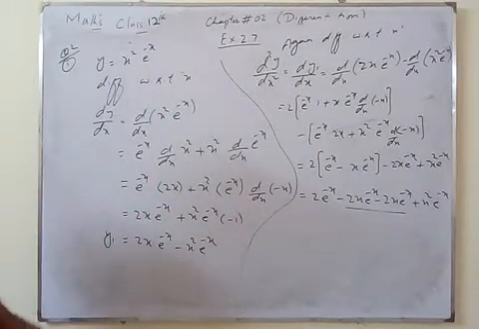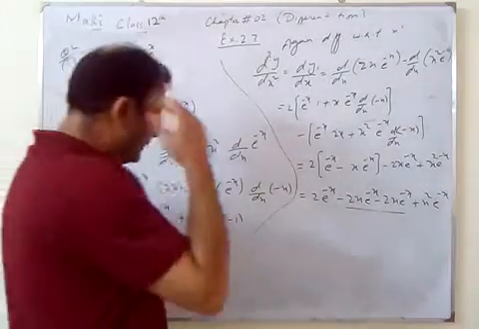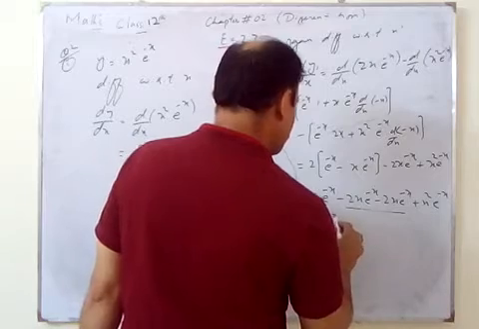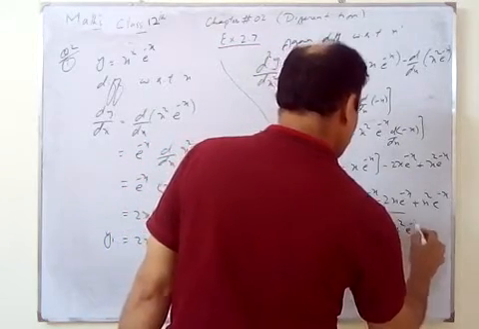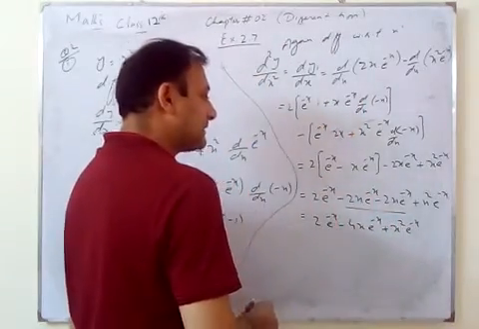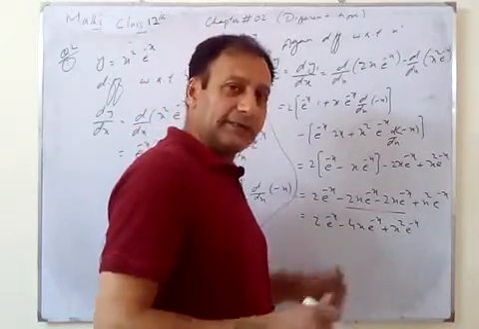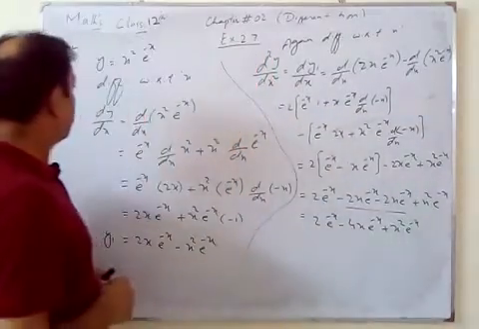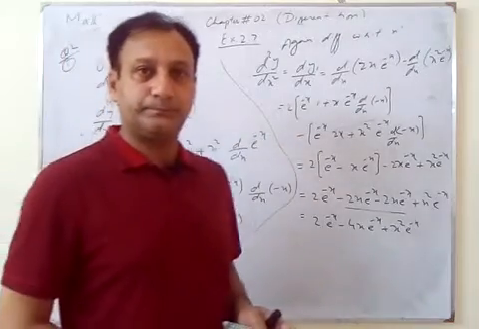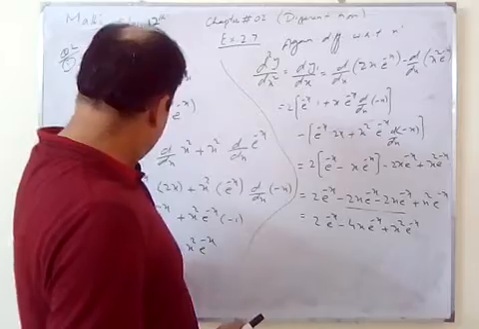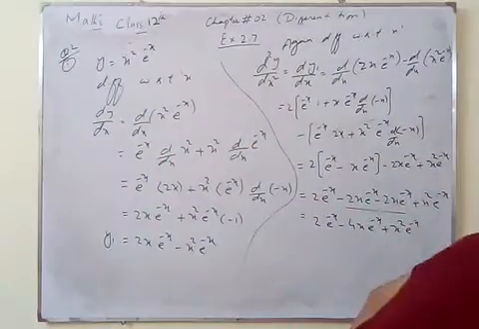If you want to take e power minus x common, that is also a correct answer. So this is the way to find the second derivative: from the first derivative, again the same method. In this way I solve the next.